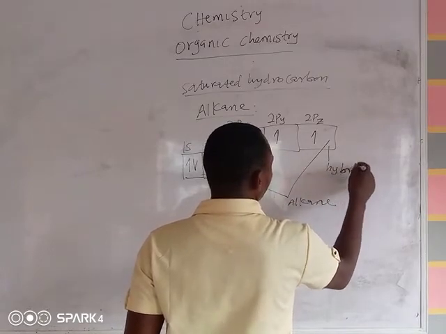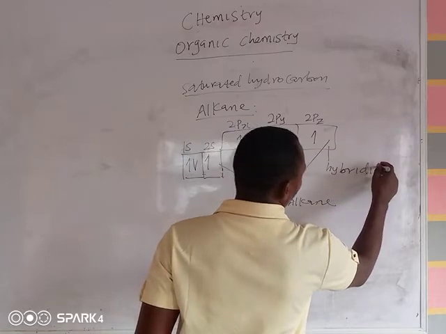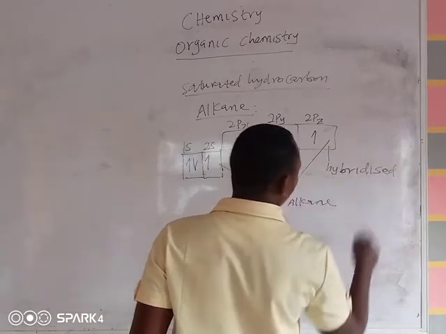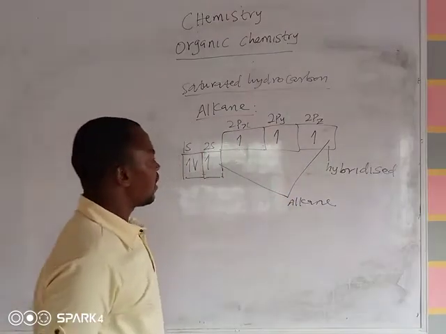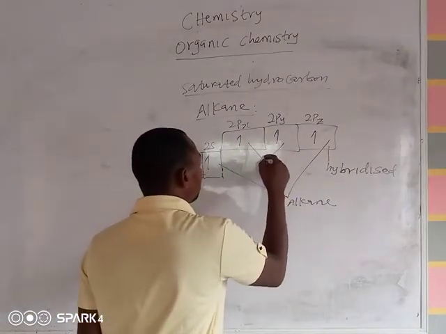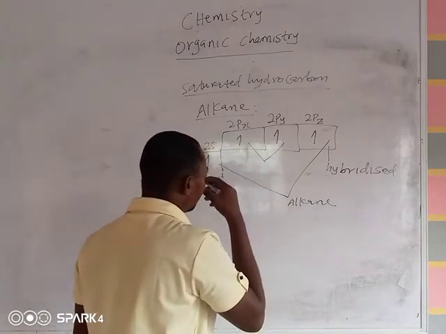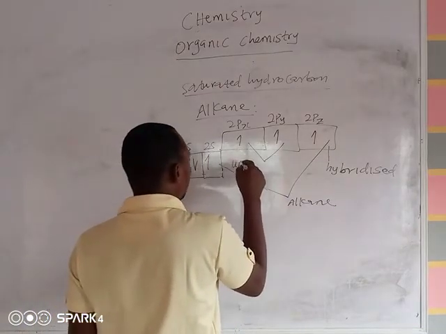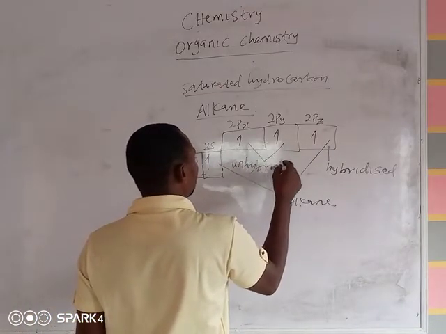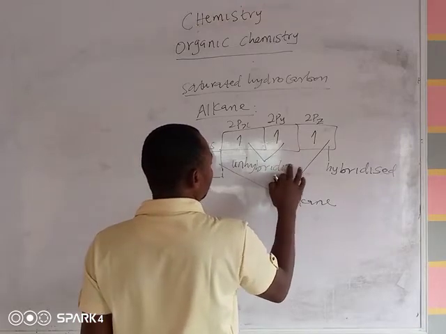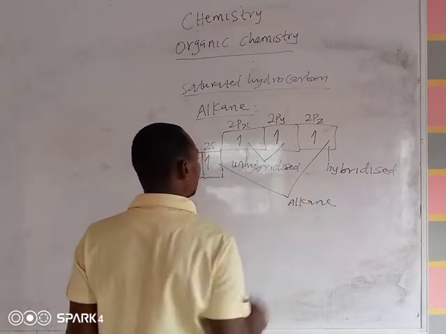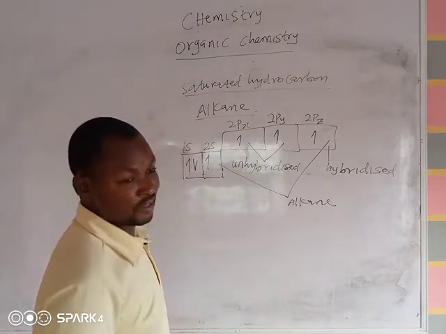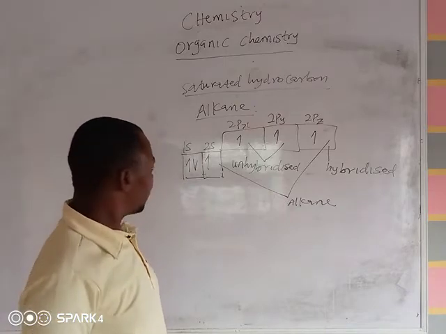The one that is unable to pair is unhybridized. Okay? So that is what we mean by sp3.